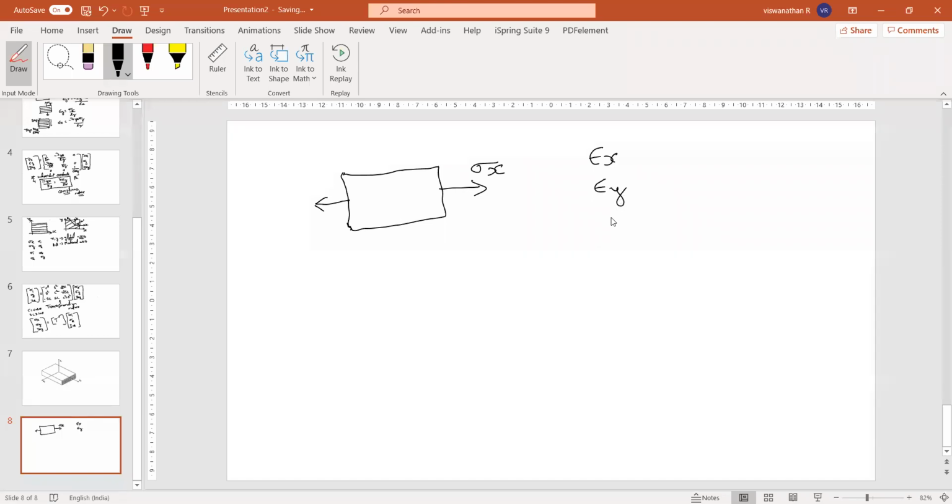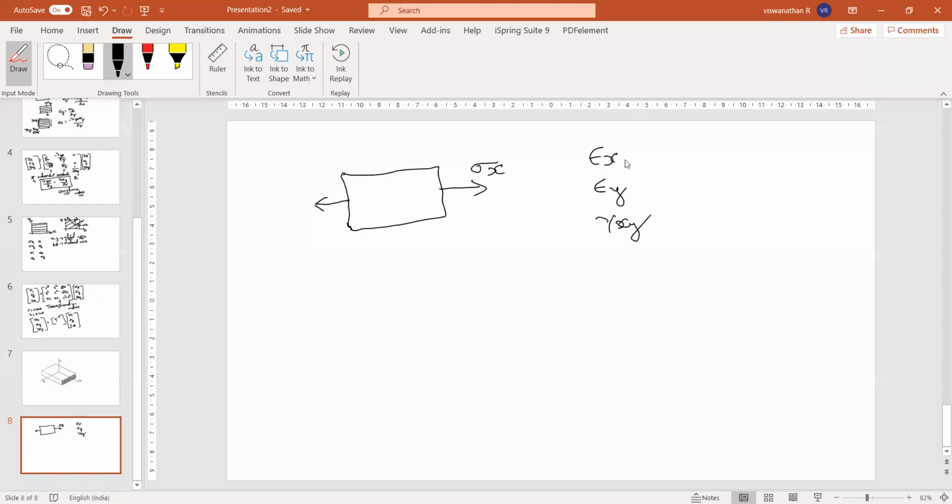Okay, then gamma xy? Yes or no? Even in the z-axis? No, take it as a thin sheet, ignore the thickness. What kind of strains will act for this stress? What kind of strains do you get for this sigma x?